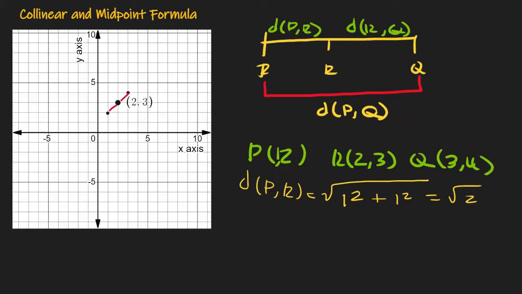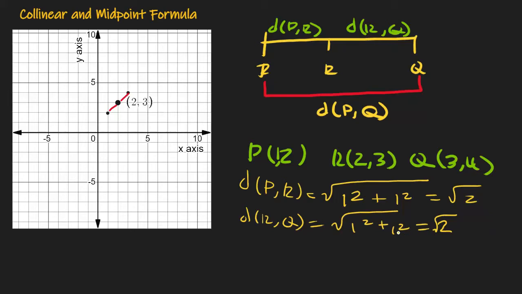If we find the distance from R to Q, it's going to be 4 minus 3, which is 1, squared, plus 3 minus 2, which is also 1, squared. That gives you root 2 as well.